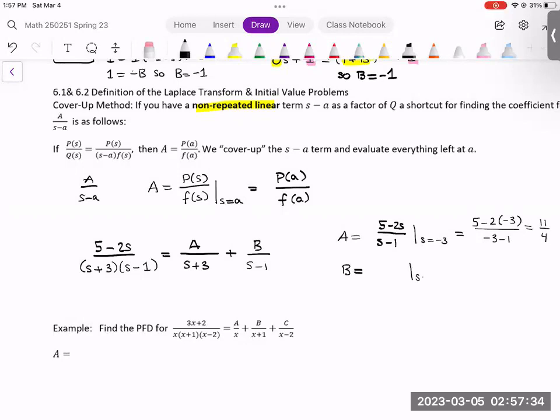We're going to be evaluating when s equals 1. We're going to cover up this s minus 1 term. Everything that's left over, we have our numerator over s plus 3. And everywhere we see an s, we're plugging in 1. So we have 5 minus 2 over 1 plus 3. And so this gives us 3/4. And so, most importantly, with very little space, we are able to write down our partial fraction decomposition.